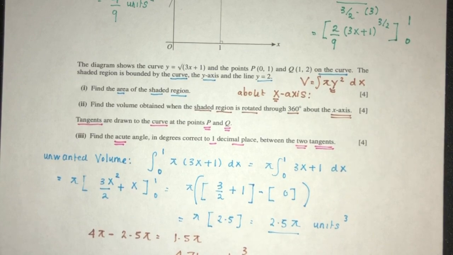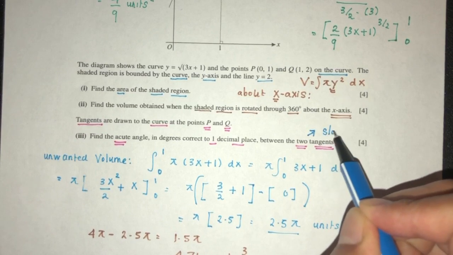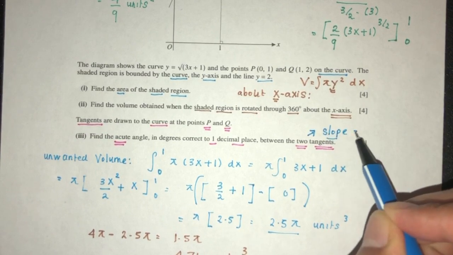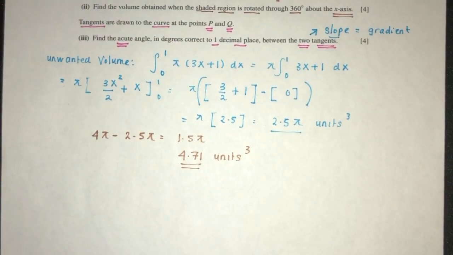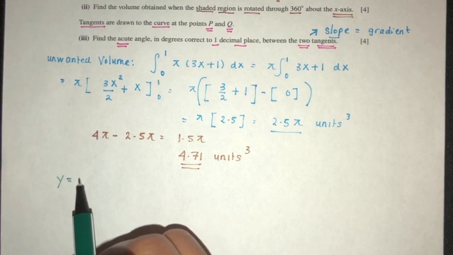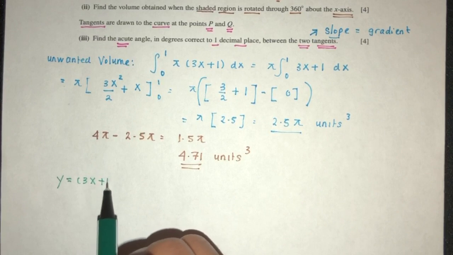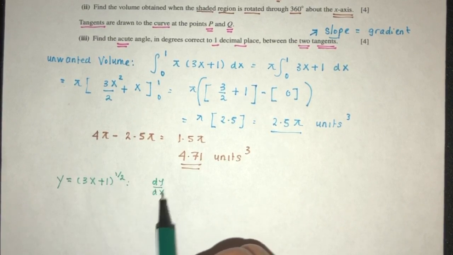Now, to find the angle between two tangents, we have to find the slope of the tangent, which is simply the gradient of the tangent. Now we know to find the gradient of the tangent, we have to find what? dy by dx. So y was given to you by (3x plus 1) power half. From here, dy by dx will be what?